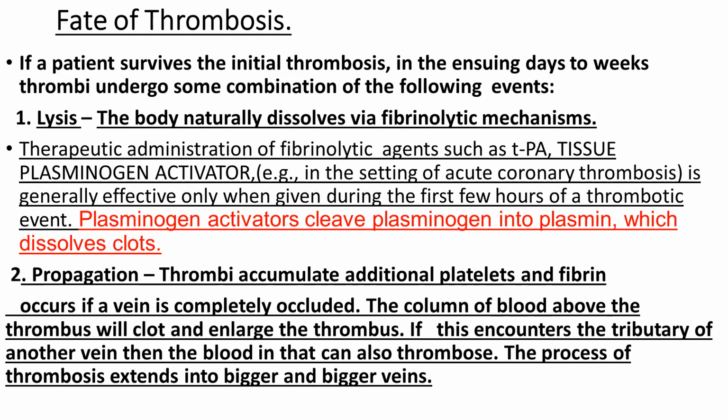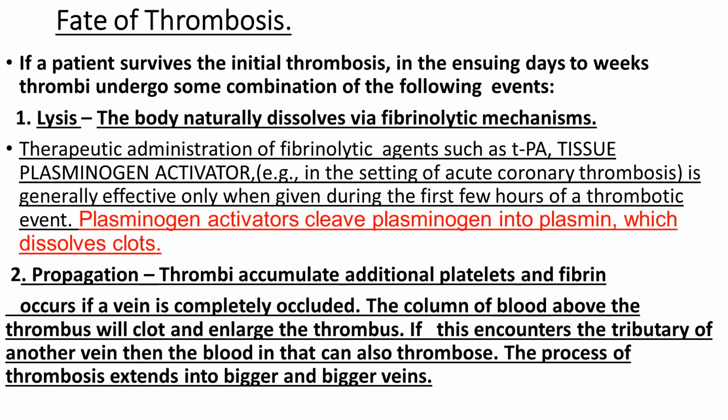Lysis is the dissolution of the thrombus by the body's fibrinolytic mechanisms. Therapeutic administration of fibrinolytic agents such as TPA, tissue plasminogen activator, is generally effective only when given during the first few hours of thrombotic events. Plasminogen activators convert plasminogen into plasmin, which dissolves the clots.